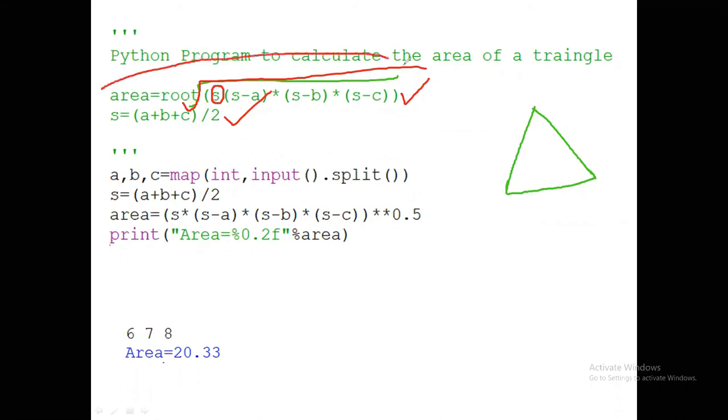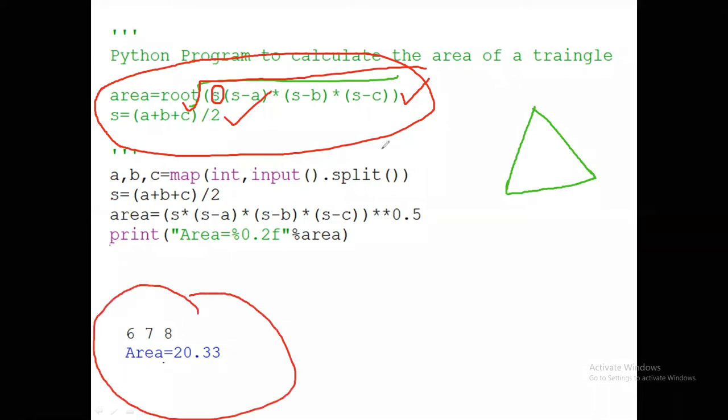When you are solving any programs, they provide this data. So Python program to calculate the area of triangle. Now they provide this data: area equals root of s into s minus a into s minus b into s minus c, and s equals a plus b plus c by 2. Now you move to the input and output formats.